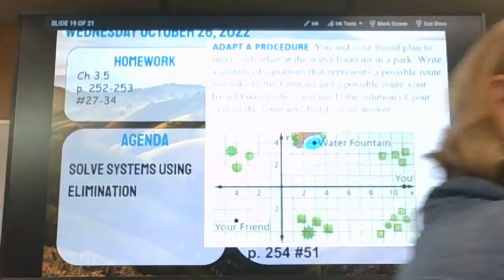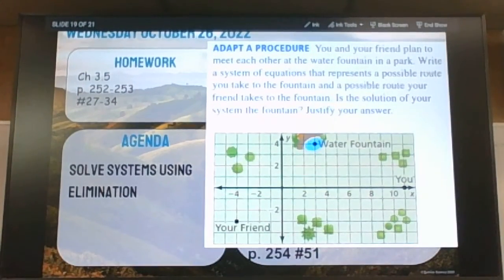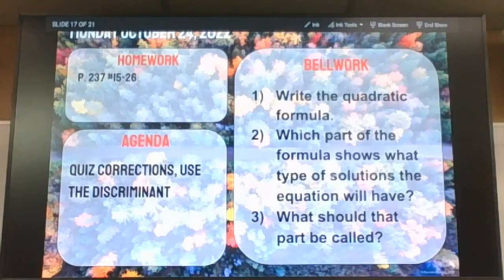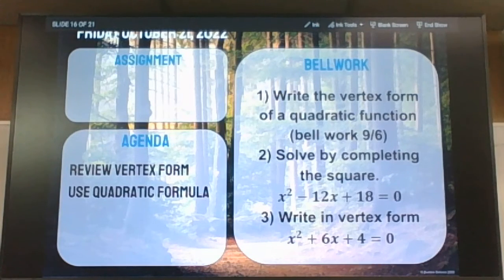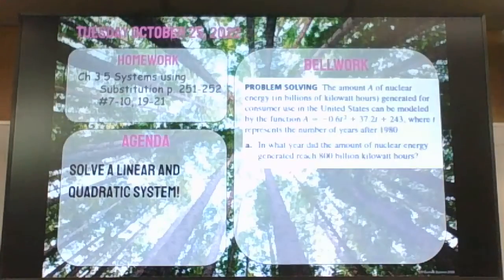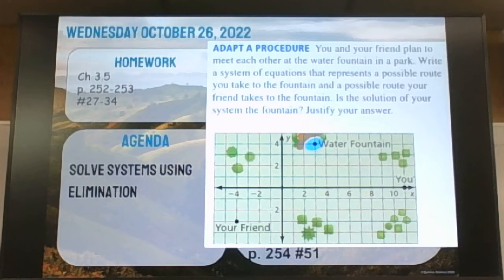There's a hand. I got it. That's a slope.